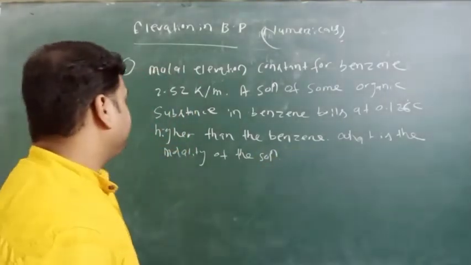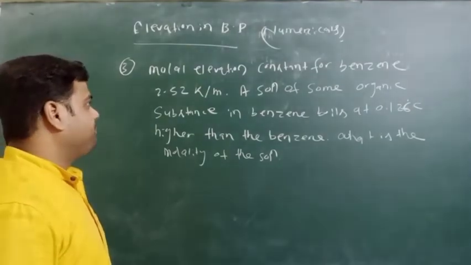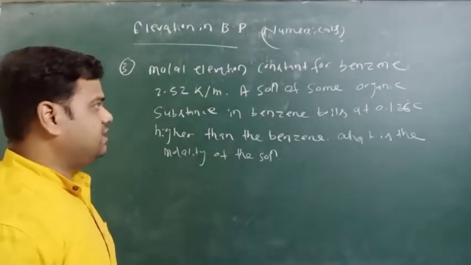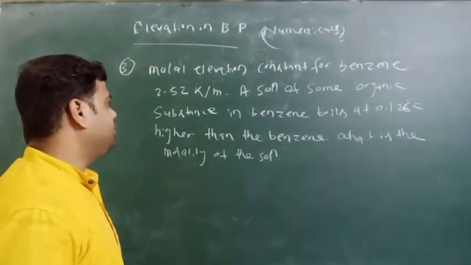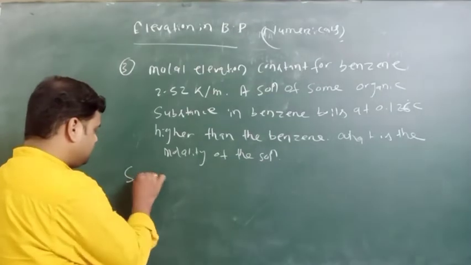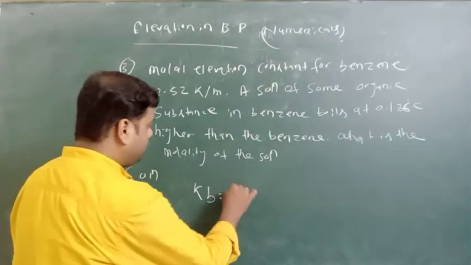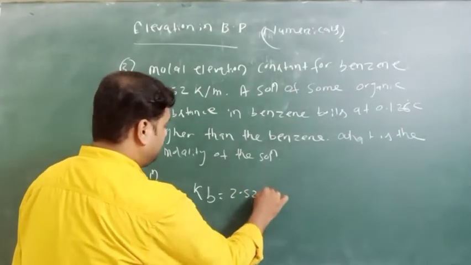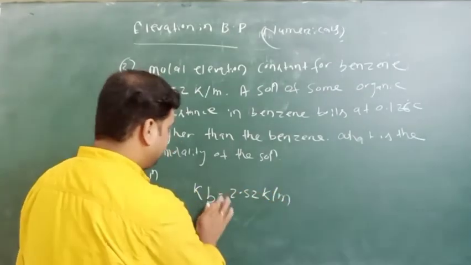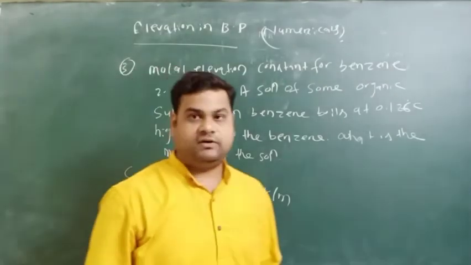Okay, in this question the given data are: the molar elevation constant for benzene is 2.52 Kelvin per mole. Molar elevation constant means here Kb equals 2.52 Kelvin per mole, or we can say the ebullioscopic constant.